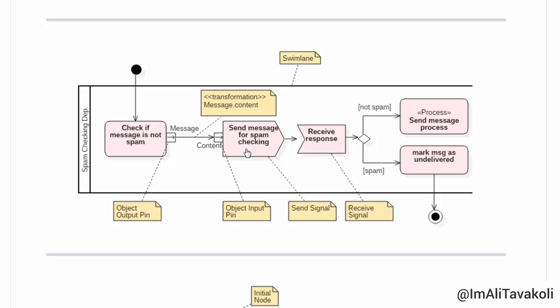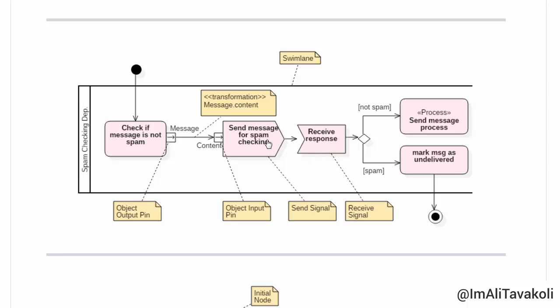The spam checking is a third-party library, so we have shown it with the send signal, and its result will go to the receive signal, which we have created for our system to receive the results from the third-party library.